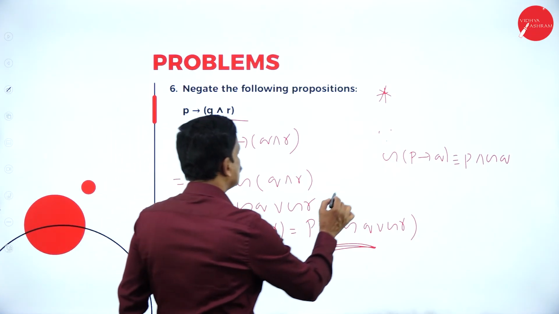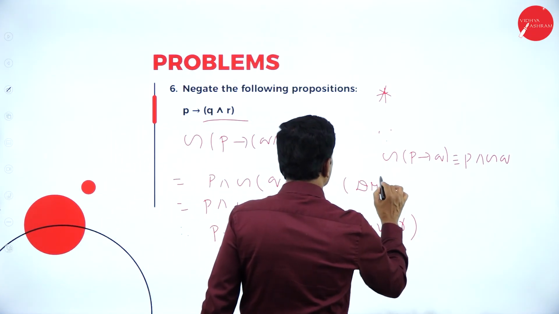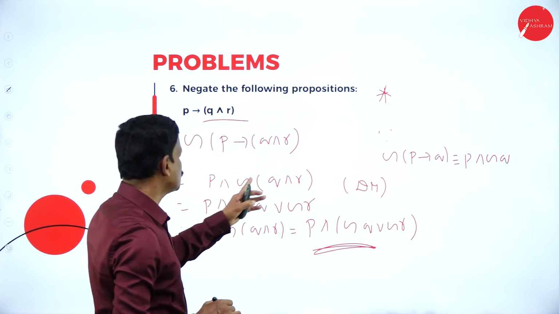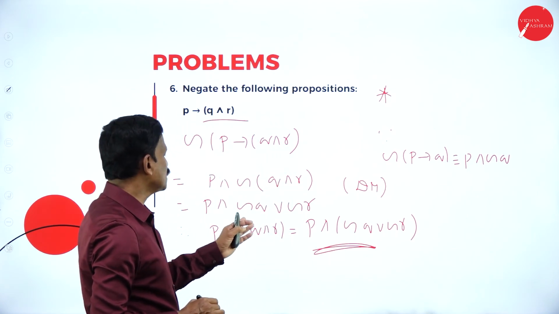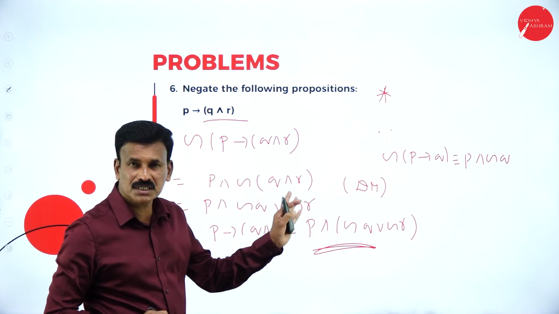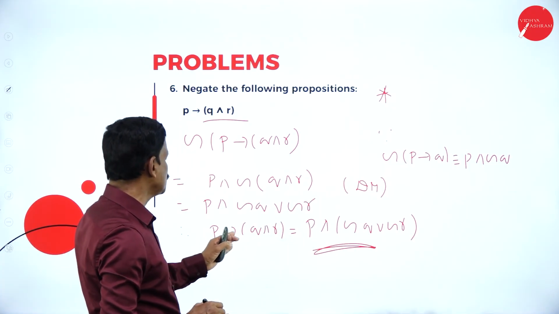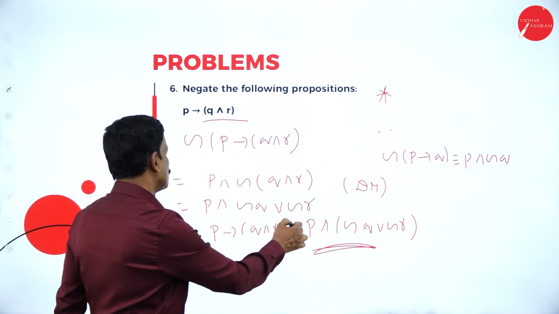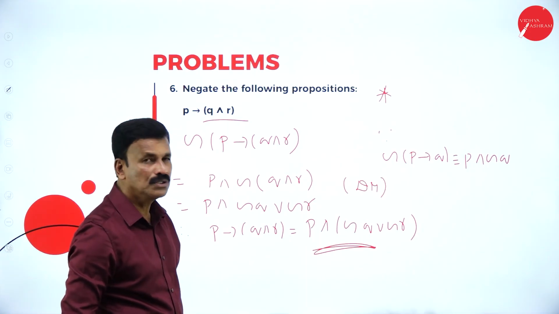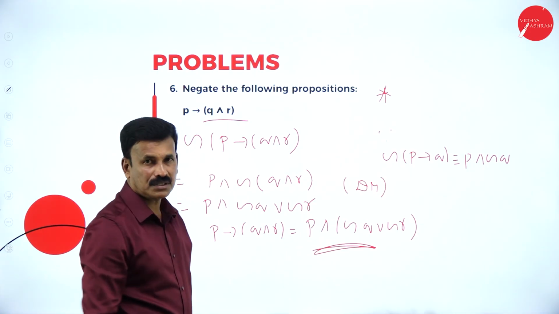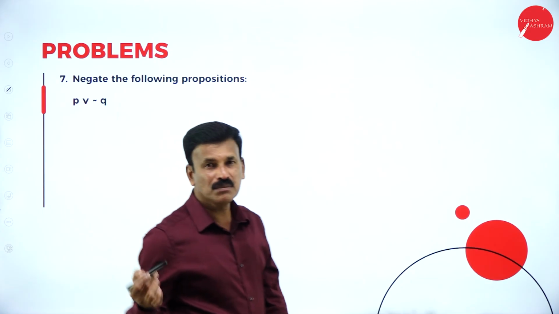Then this negation of Q conjunction R becomes negation Q, conjunction becomes disjunction negation R. So therefore P conditional to Q conjunction R negated is nothing but P conjunction negation Q disjunction negation R. That's it. Followed?